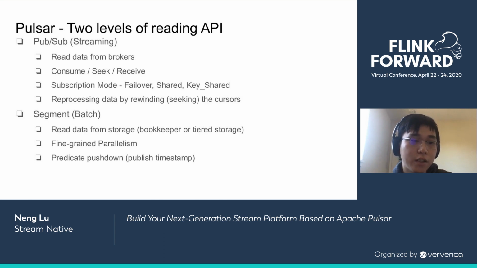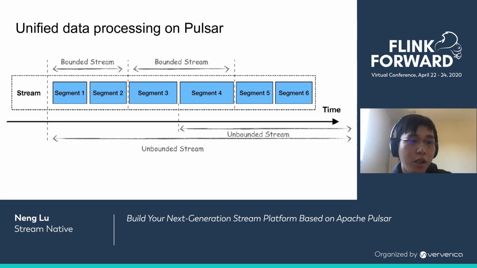Another big part is the segment API, or the batch API. You can read data from storage, either BookKeeper, which has the second most recent data, or tiered storage, which has cold data. This supports fine-grained parallelism. You can read them in parallel, and there is some predicate pushdown to further optimize the reading.